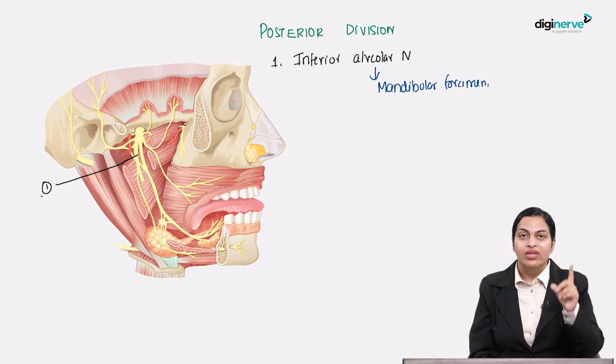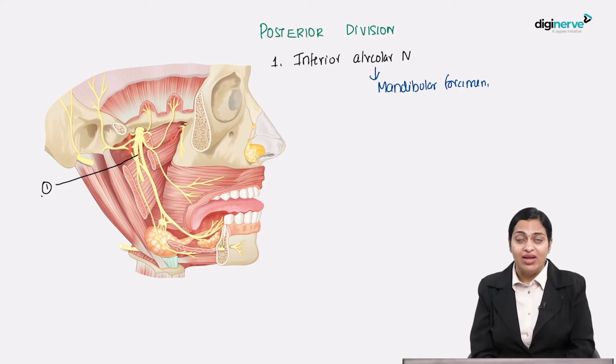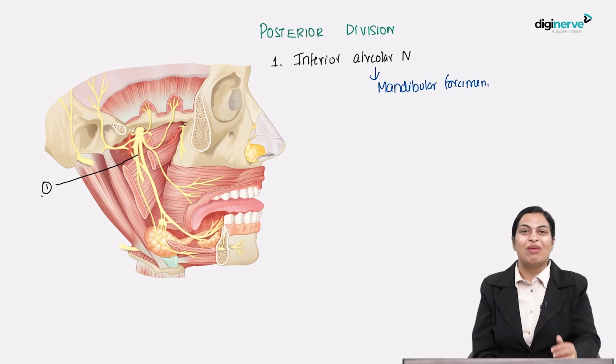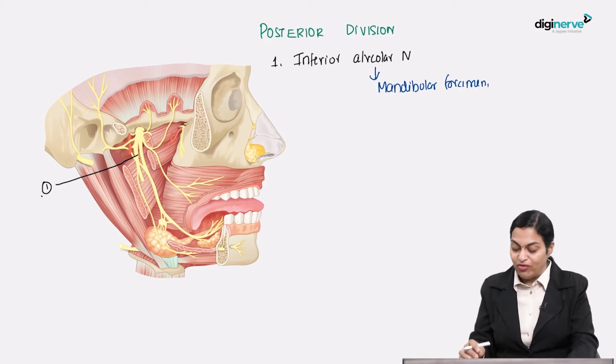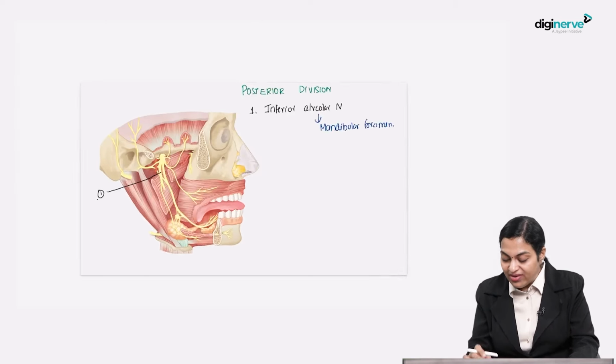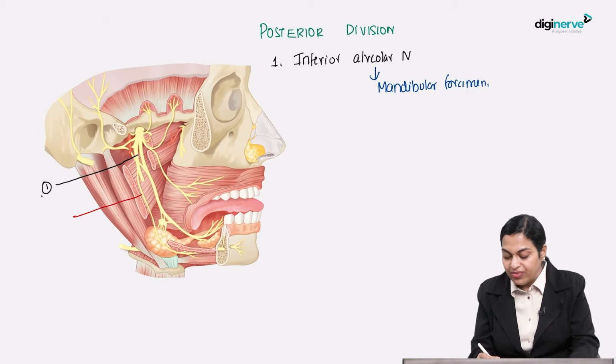It's not so. The mandibular nerve is passing through the foramen ovale. The structure passing through the mandibular foramen on the inner surface of the mandible is this inferior alveolar nerve. But before it enters that mandibular foramen, it will give this branch.